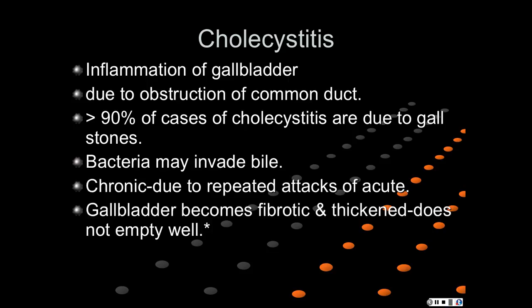Over time with chronic, the gallbladder becomes fibrotic, thickened, and doesn't empty well. If it doesn't empty well, it means the bile is not getting to the liver. It's going to have an effect on the functions of the liver, as well as breaking down of fats, etc.